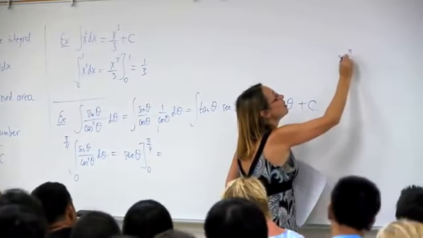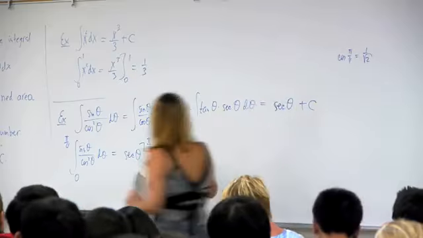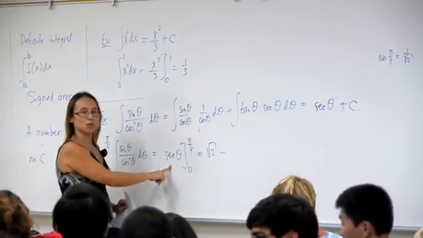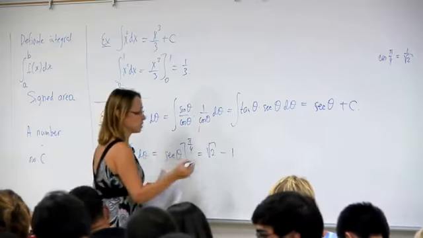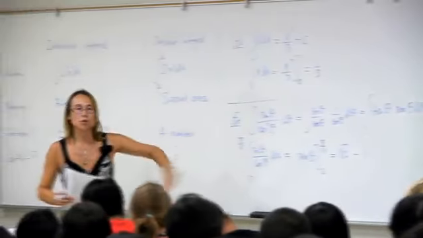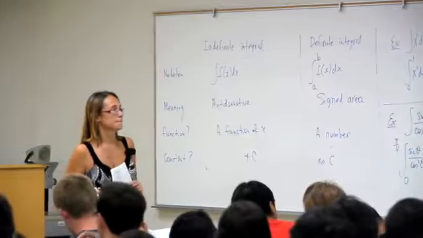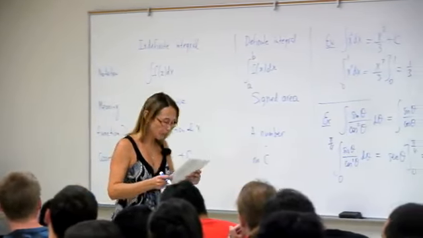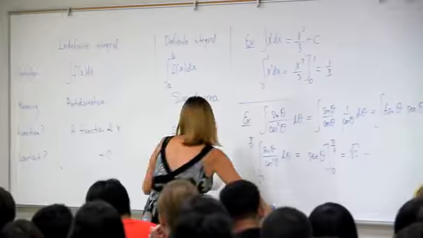Cosine of pi over 4 is 1 over square root of 2. Secant is square root of 2. So I have square root of 2. Cosine of 0 is 1. And that's it. Okay? I cannot simplify this. And there's no additive constant. Questions? Okay. Very good. One more example on this.